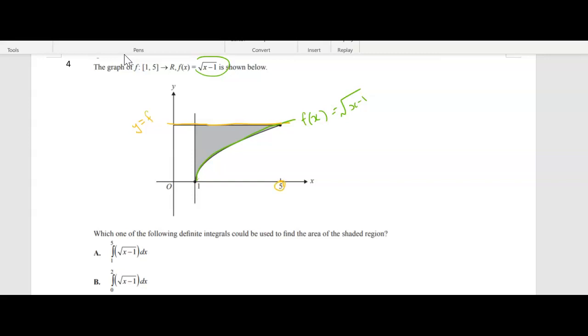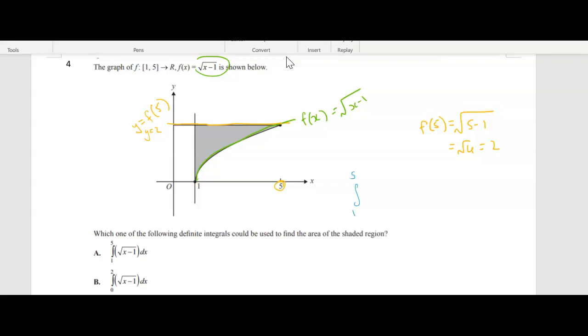So y is equal to f of 5, which is the square root. Might do it over here. So f of 5 is equal to the square root of 5 minus 1, which is going to be 2. Okay, so this line here is y equals 2. So when I'm doing my definite integral, I've got going from 1 to 5.